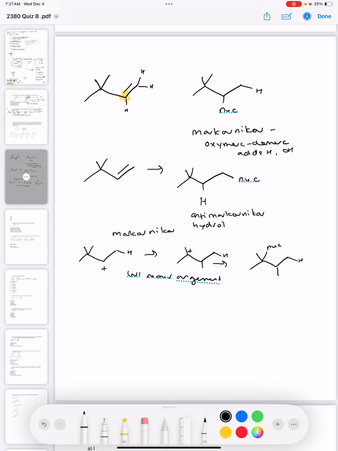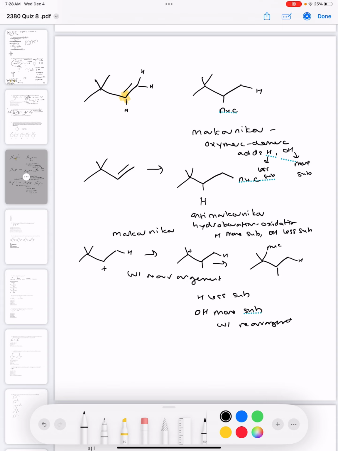Hydroboration oxidation adds H to the more substituted, so it's the opposite, OH to the less substituted. And then for acid-catalyzed, it undergoes rearrangement, so it still adds H to the less substituted, but it adds OH to the more substituted, and you have to consider rearrangement.